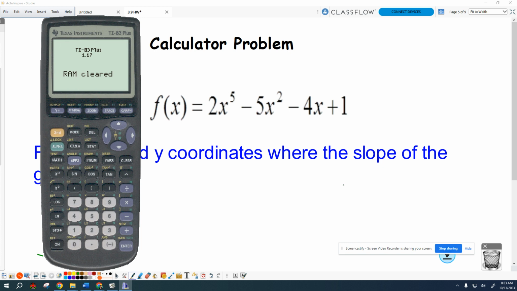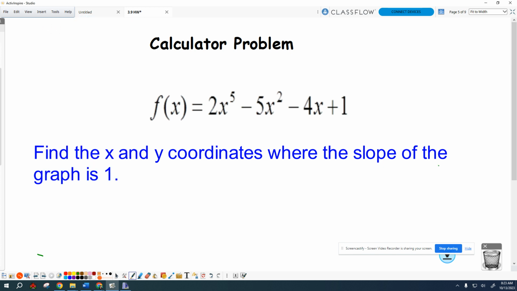All right, so first thing, we want to find the x and y coordinates where the slope is 1. So I want to find when f prime equals 1. So Camden, what is f prime? 10x to the 4th minus 10x minus 4.